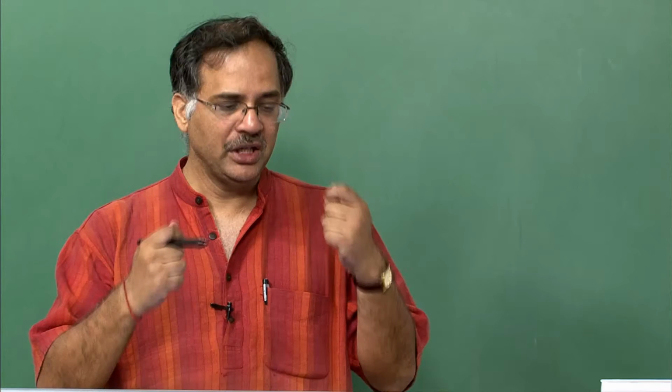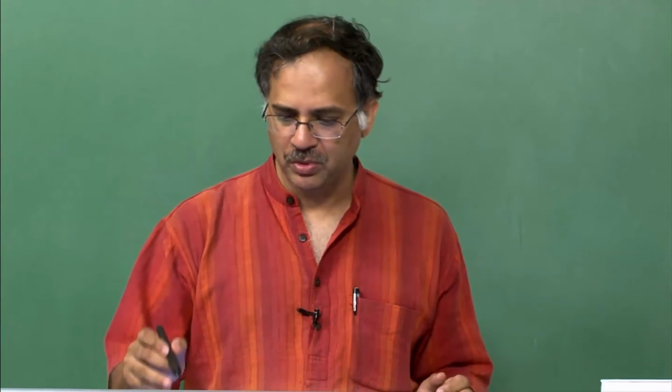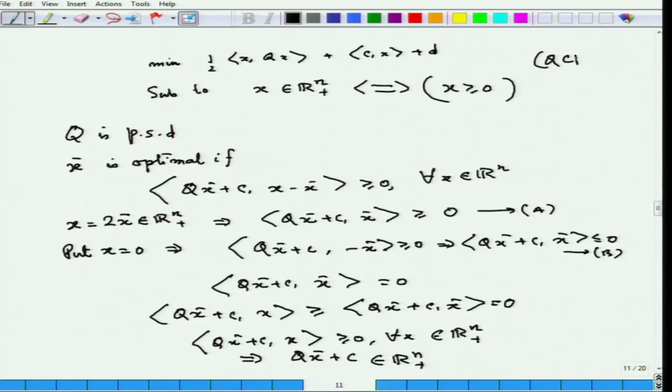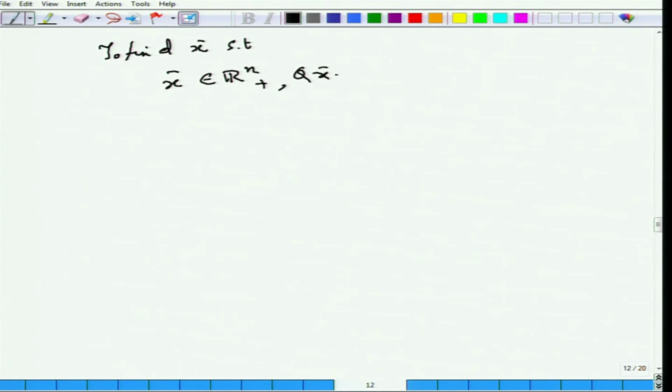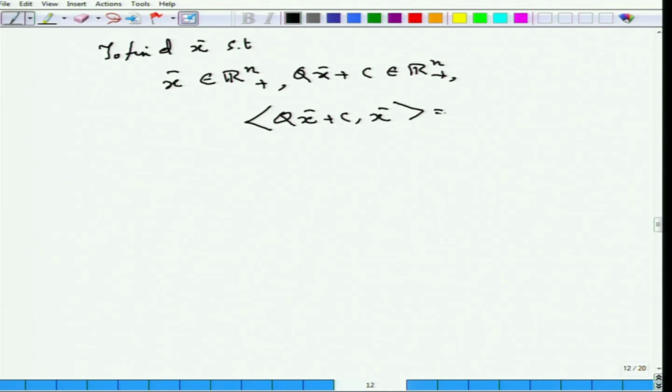So, the process of finding a minimum of this quadratic programming problem, or quadratic convex problem, is to find x bar such that x bar belongs to Rn plus, Q x bar plus c also belongs to Rn plus, and Q x bar plus c inner product with x bar is equal to 0.